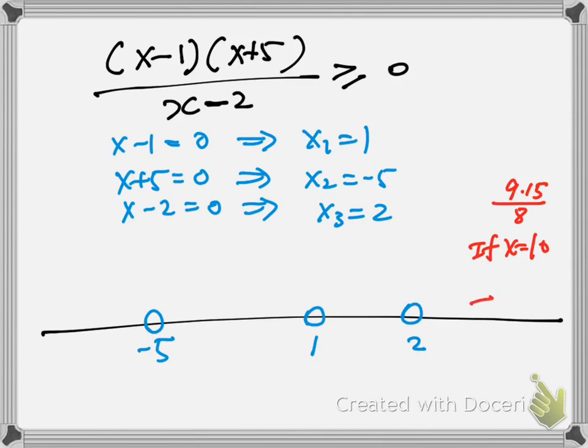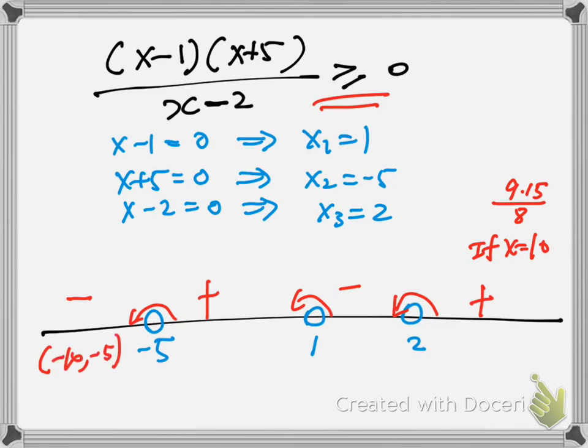So this is positive. They are linear factors, so switch, and switch. This time we want the positive sign because this is greater than or equal to 0. So now let's write down 4 intervals. Again, in the beginning, they are all open.